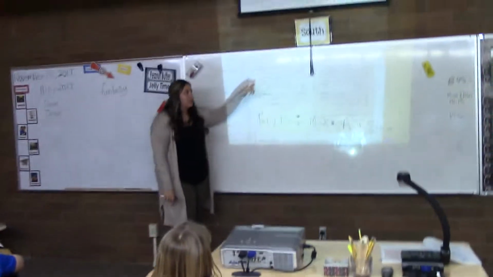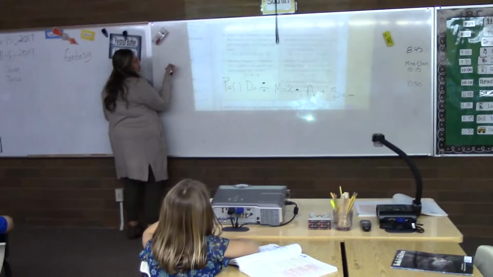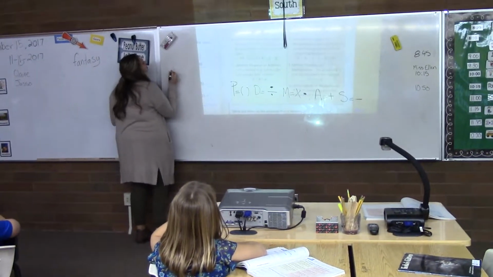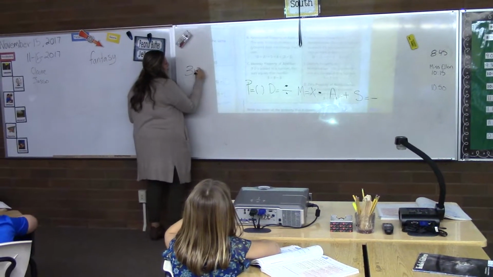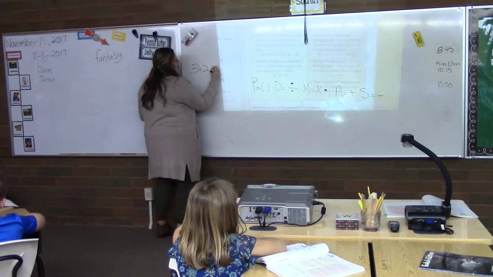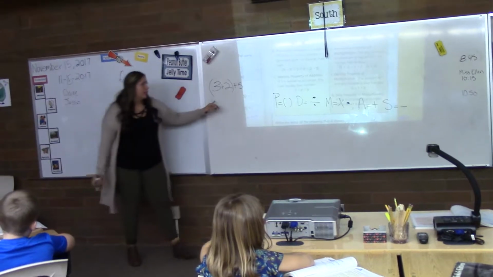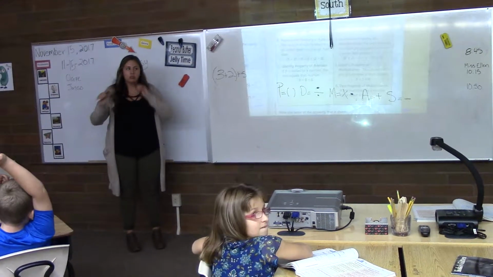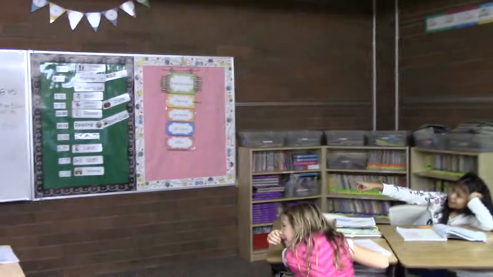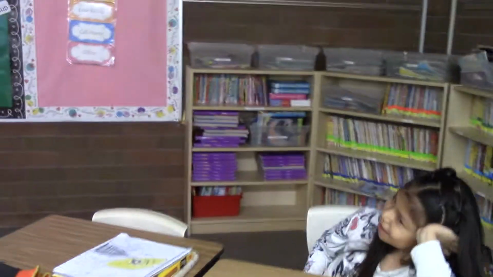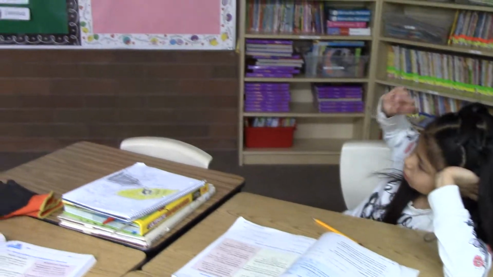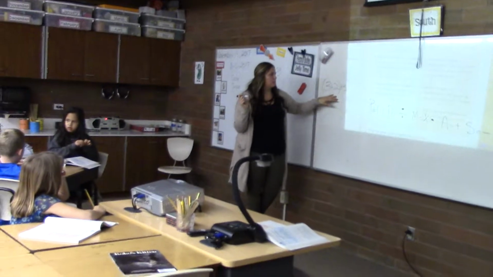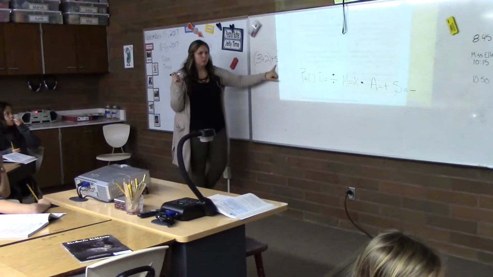So when we look at a problem, just like we were talking about properties of addition yesterday, when we looked at this problem, or associative properties of addition, what part do we have to start with? The first part. Why? Why can't we start with this part?